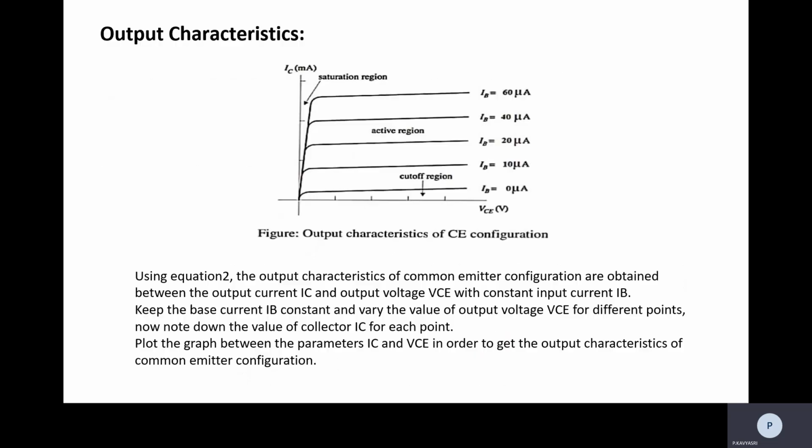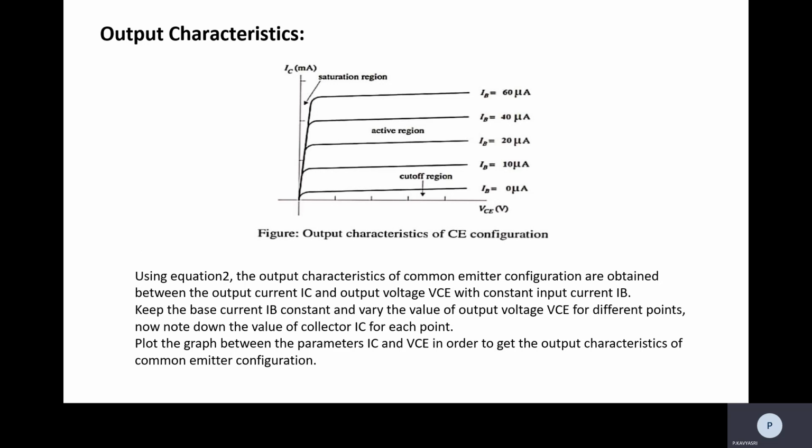Now we will observe the graph here. Output characteristics are drawn between IC and VCE, which are the output current and output voltage. Here we are keeping the base current IB constant, and we are varying the output voltage VCE for different points, and we will note down the value of the collector current IC for each point, and then we will plot the graph between IC and VCE in order to get the output characteristics, and the characteristics will be like this.